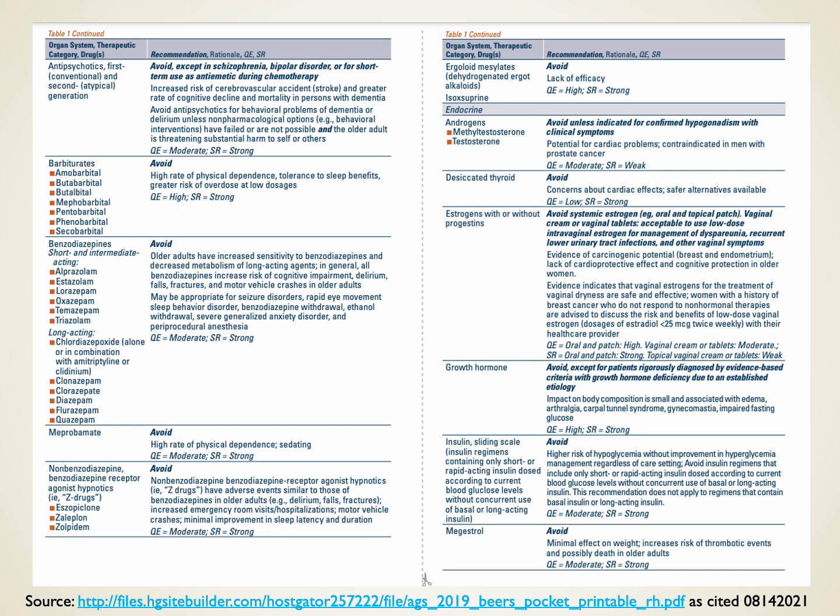Okay, let's go to the next set of slides, continuing with meds that we would look at avoiding. Typically, the antipsychotics are not really first line, except in patients who have schizophrenia.